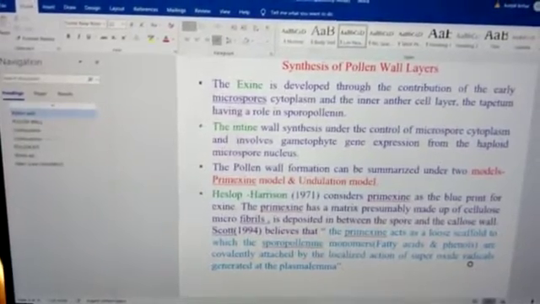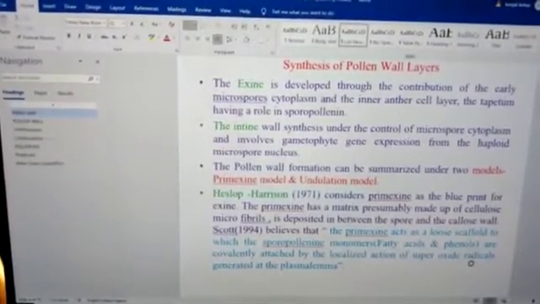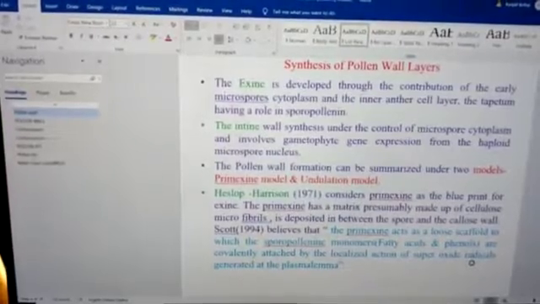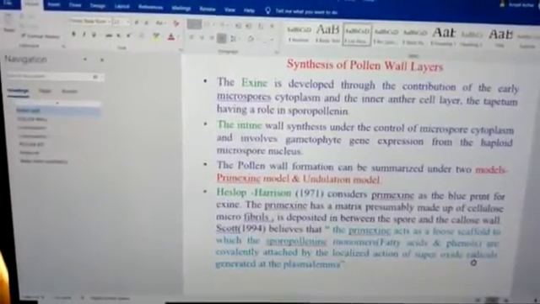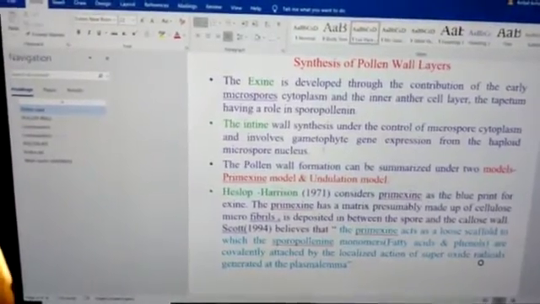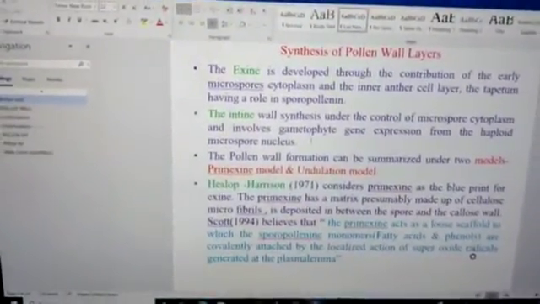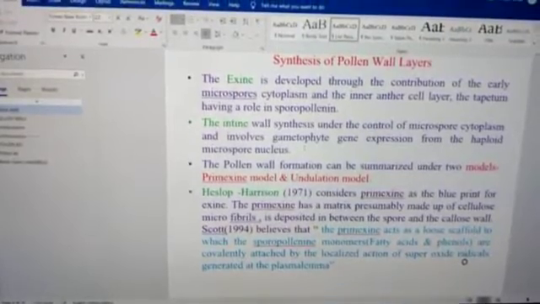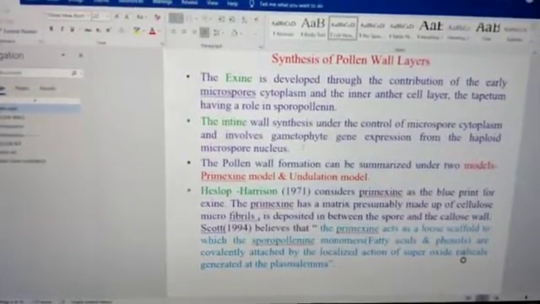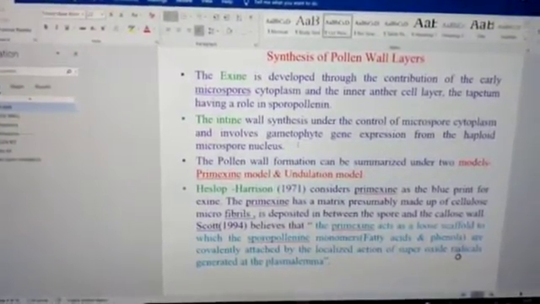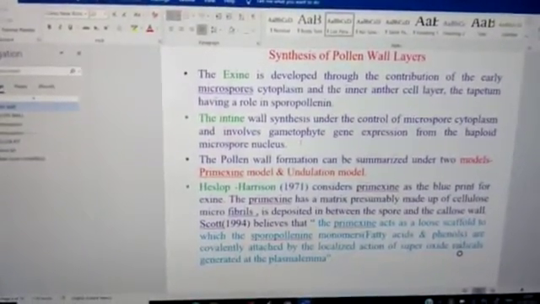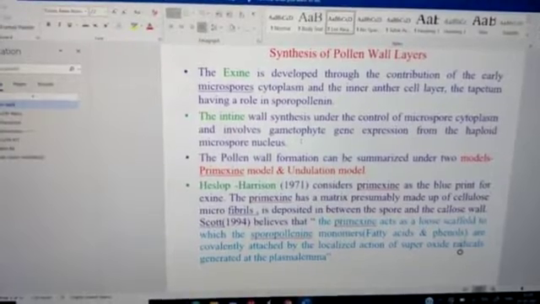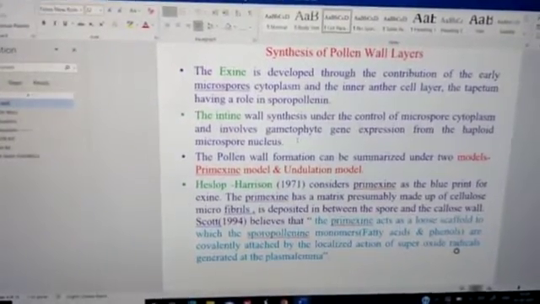Then intine wall formation occurs under the control of the microspore cytoplasm and involves gametophytic gene expression from the haploid microspore nucleus. So it is under the control of the nucleus plus the cytoplasm of the microspore.